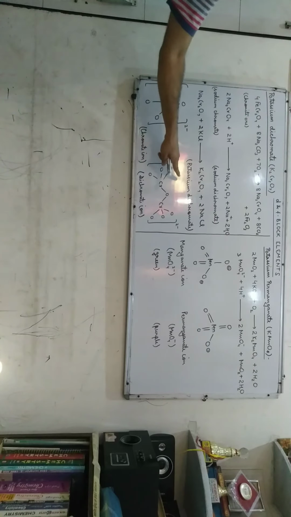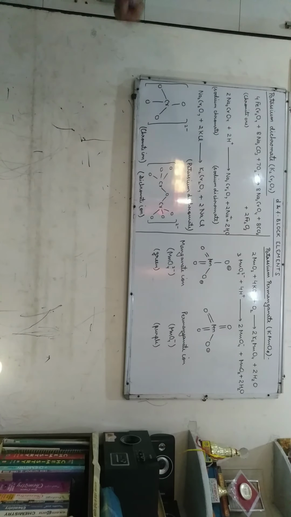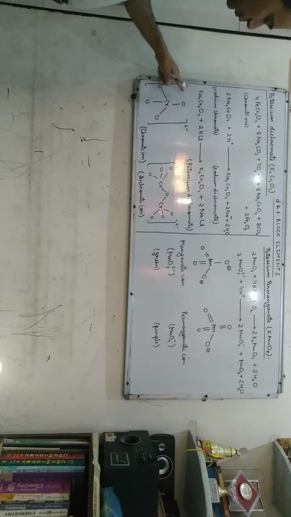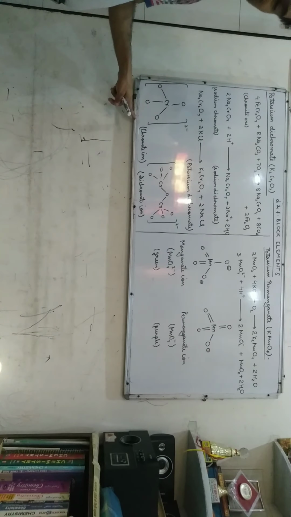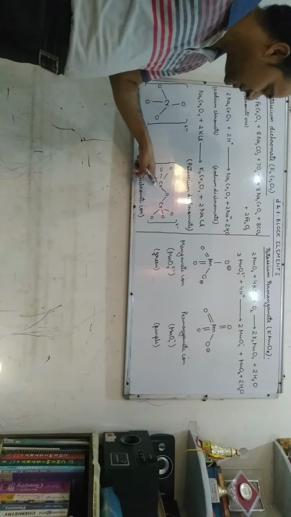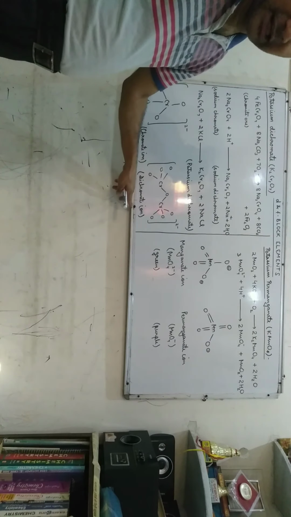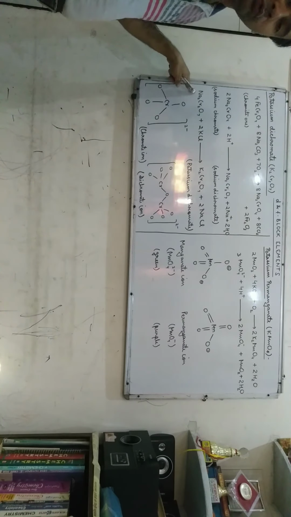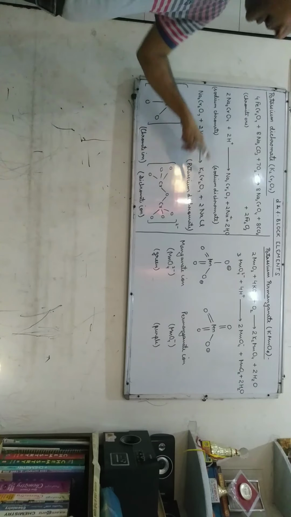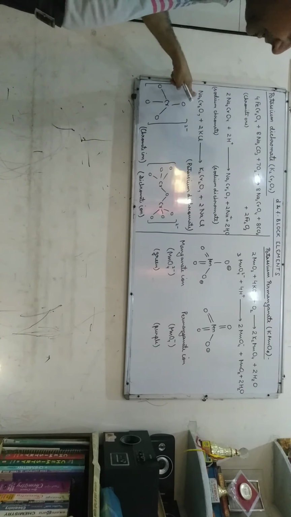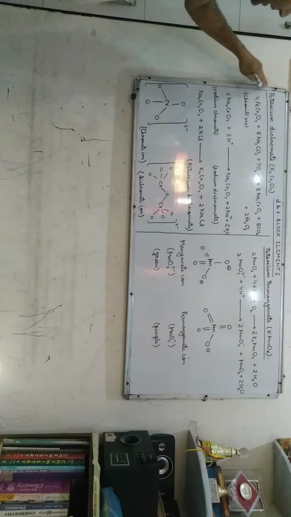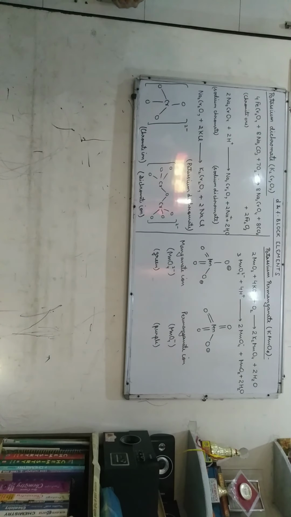Chromate and dichromate ions are interconvertible. Chromate ion formula CrO4 2-, it is yellow in color. Dichromate ion formula Cr2O7 2-, it is orange in color. Sodium dichromate is more soluble than potassium dichromate due to high degree of hydration enthalpy. Potassium dichromate is widely used as an oxidizing agent in various chemical reactions.